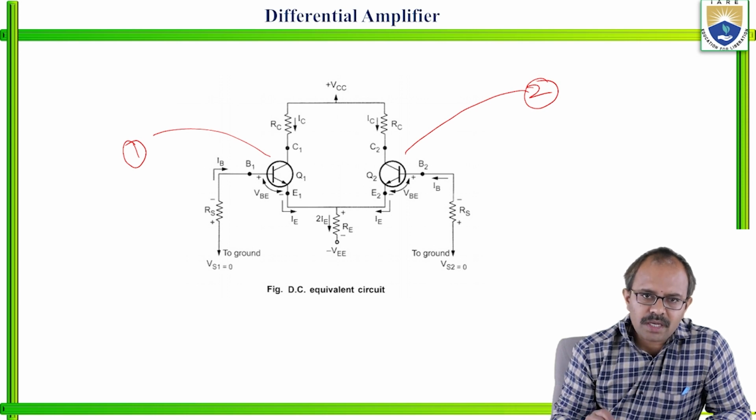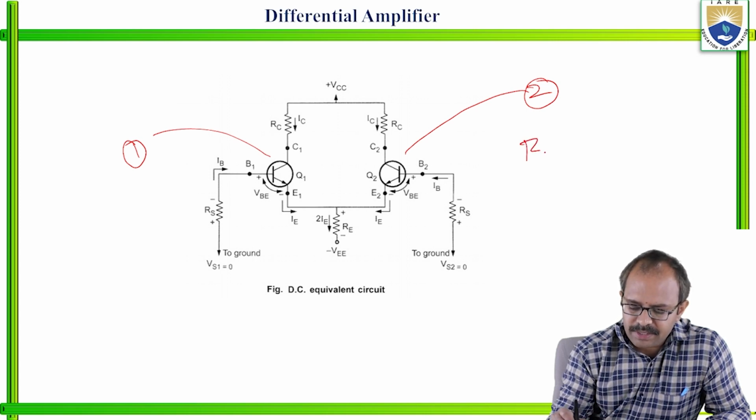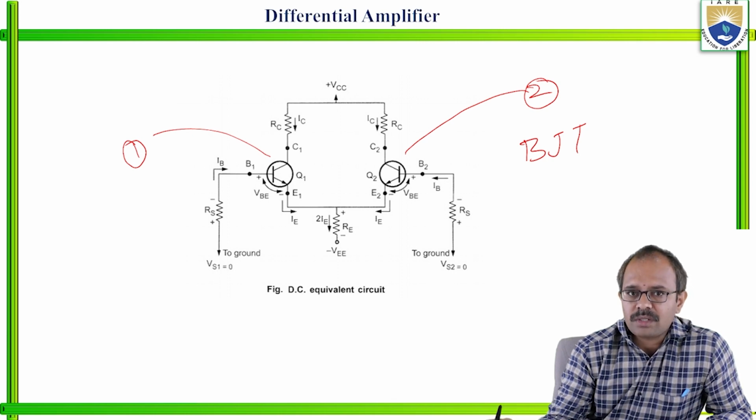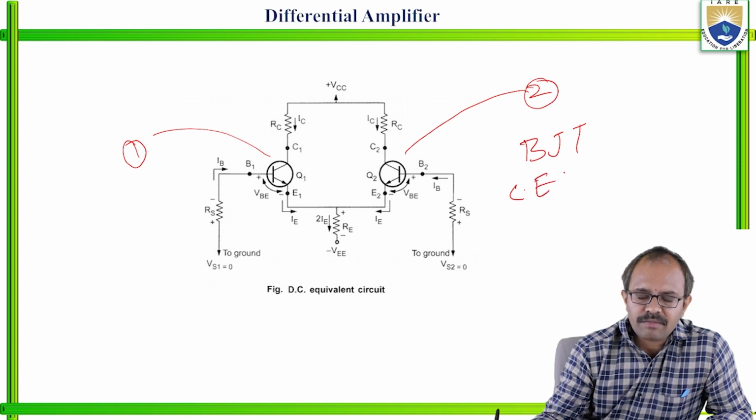Both circuits are operated in common emitter configuration mode. This is a BJT based differential amplifier circuit. Both circuits are BJT amplifiers and are operated in common emitter configuration mode.